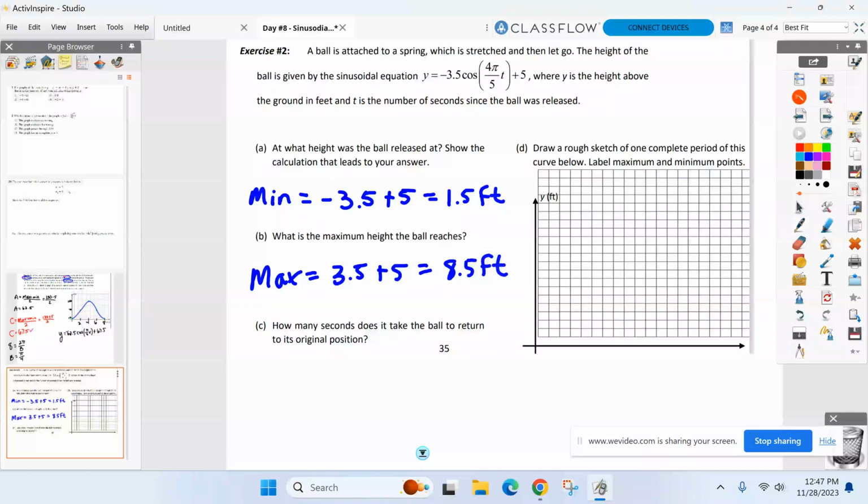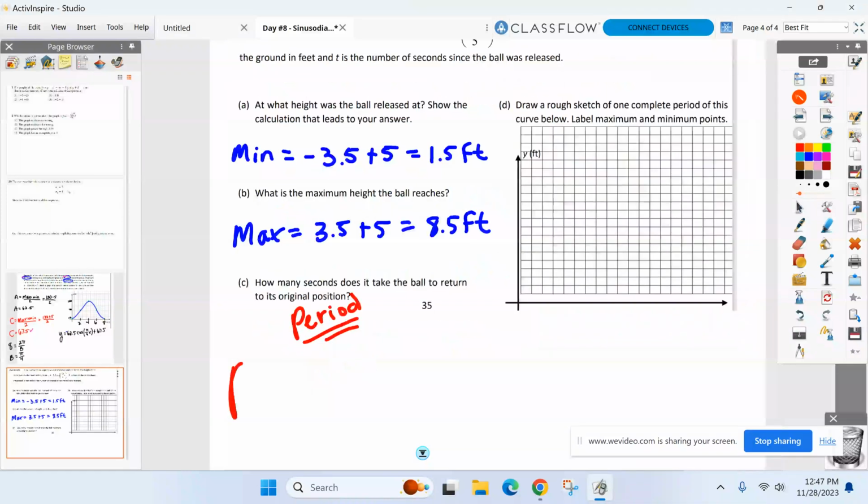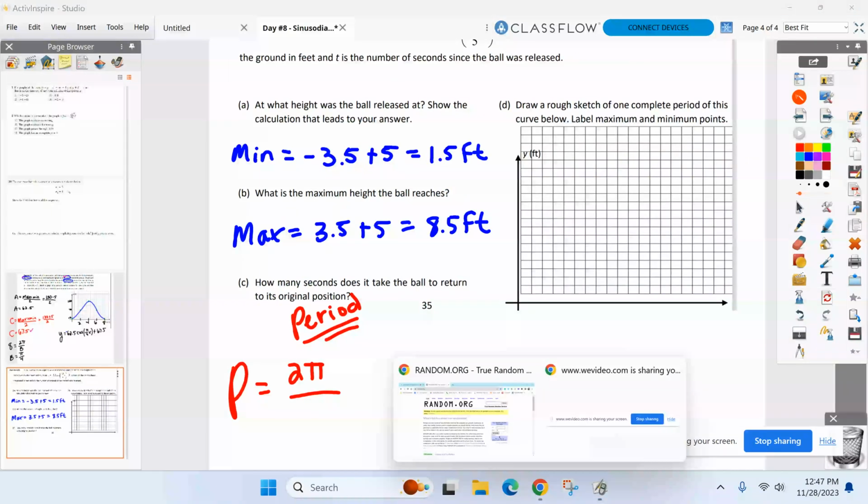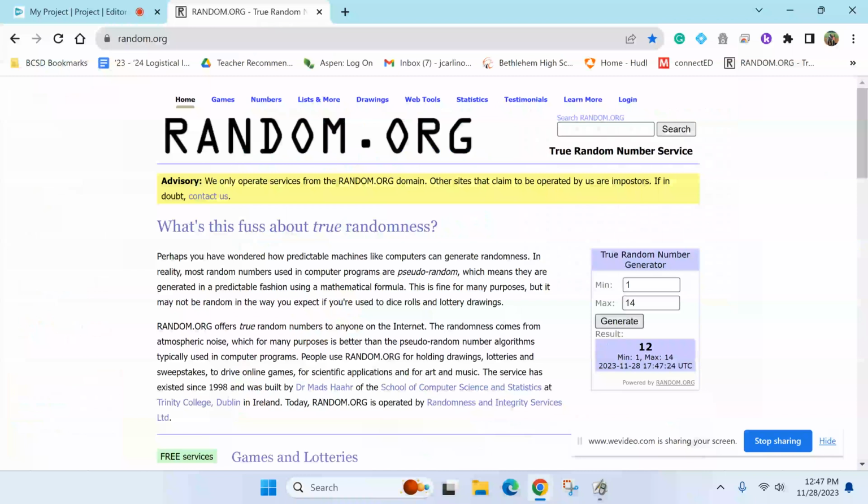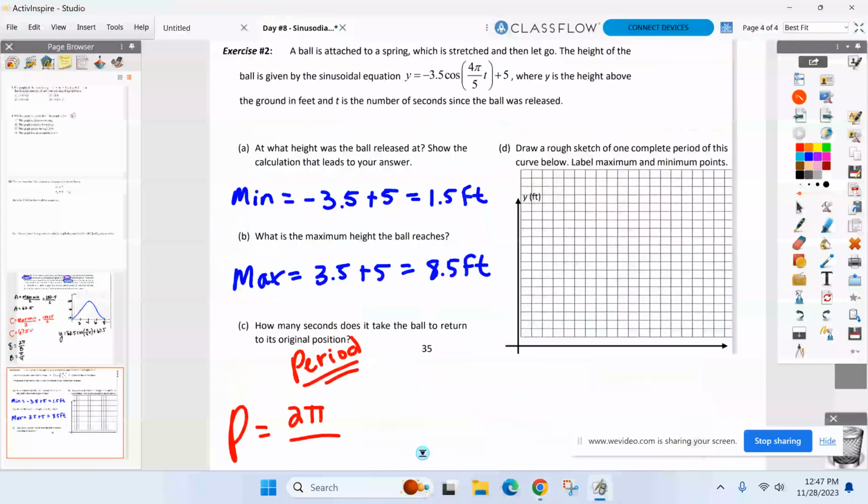And then finally, how many seconds does it take to get back to its original position? What am I asking for? Period, right? That's all I'm asking for. Another fancy way without me saying the word. What's the period? Okay, so period equals 2 pi over b. Look at your equation. What's your b value? Grant, what's my b value? 4 pi over 5.